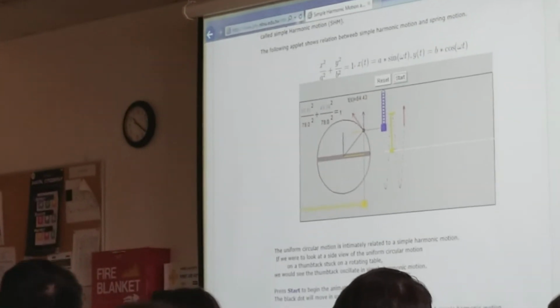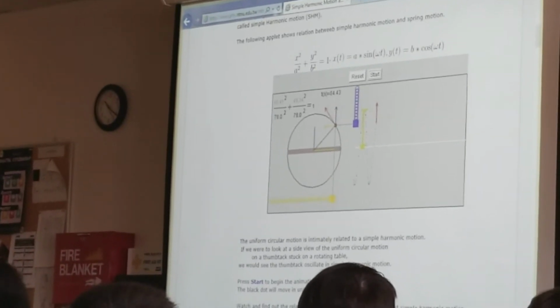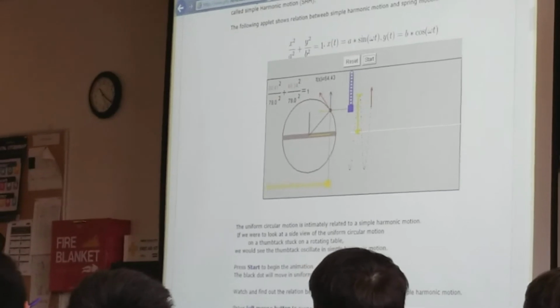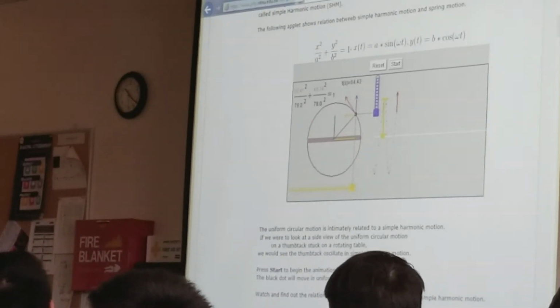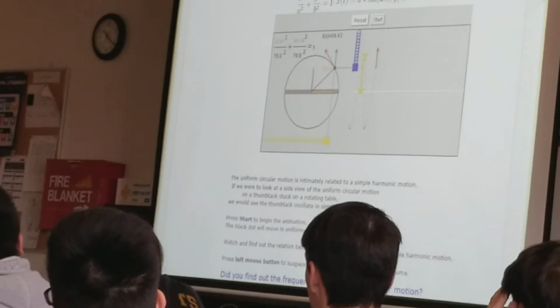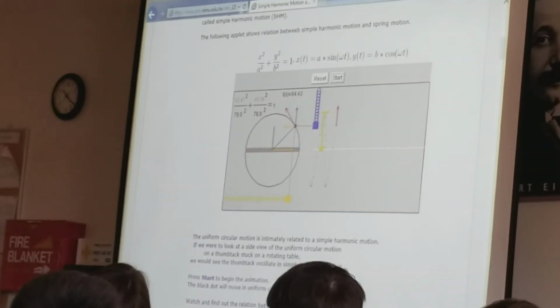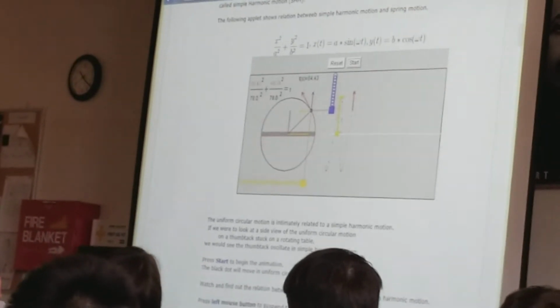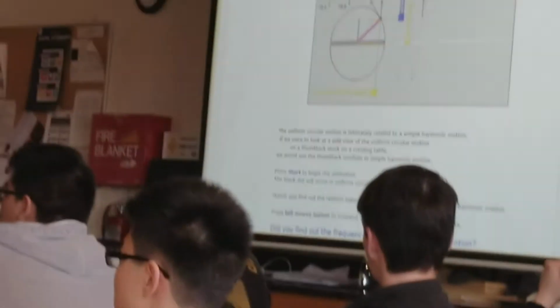Here's my next question though. On this diagram, where else can I find the amplitude other than where I just marked it? The radius of the circle. The radius of the circle is also the amplitude. So this, which is the radius, is also the amplitude of the motion.